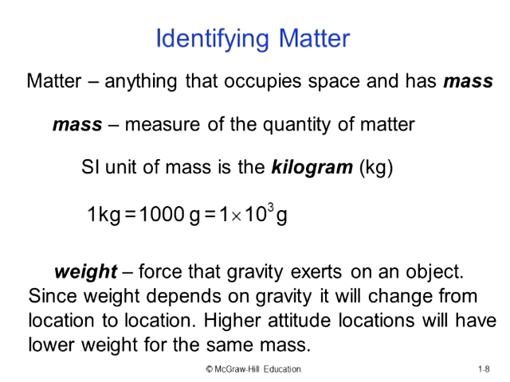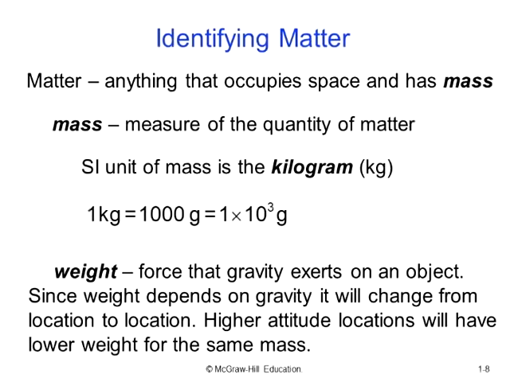Mass is independent of gravity. That is how we differentiate mass from weight. Weight, okay, has the force of gravity exerted on it. So weight involves the mass that has gravity pulling on the object. Okay? So since weight depends on gravity, it will change from location to location. Mass will not change from location to location.